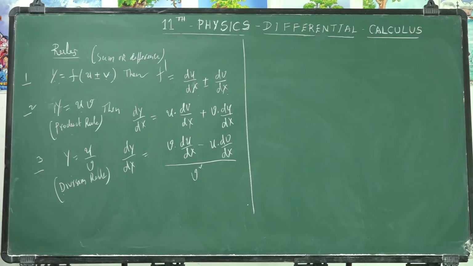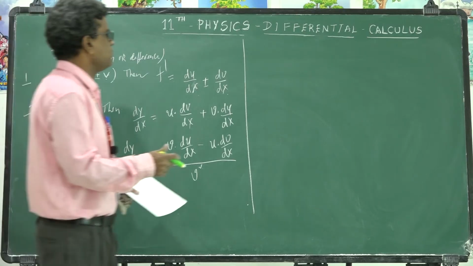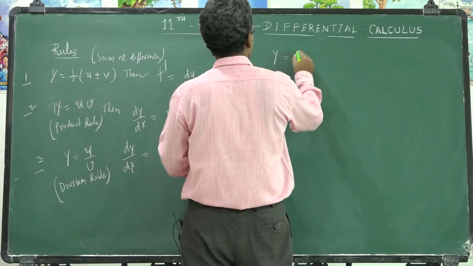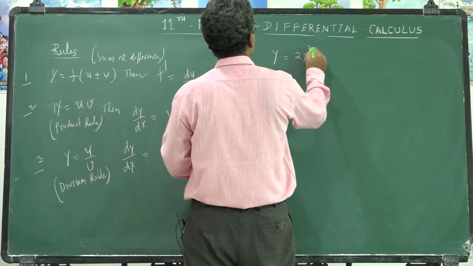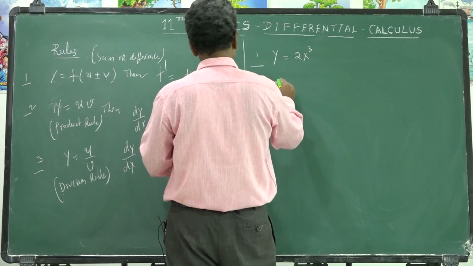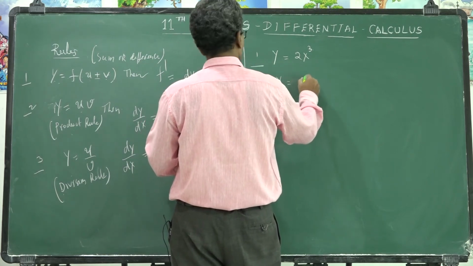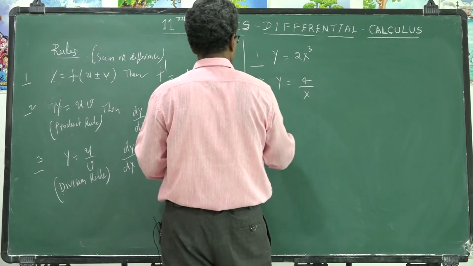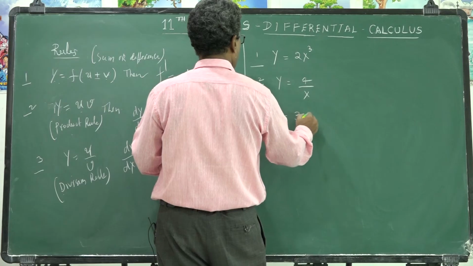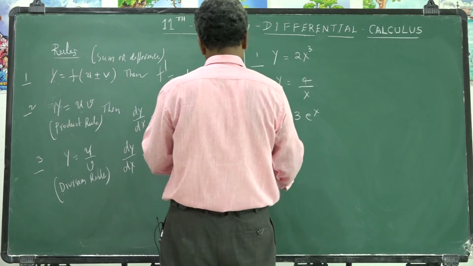Now let us solve these problems. The first one, y is equal to 2x cube. Second one, y is equal to 4 by x. Third one, y is equal to 3 e to the power x.